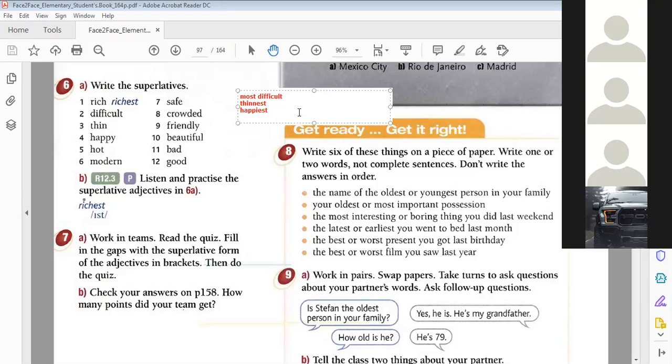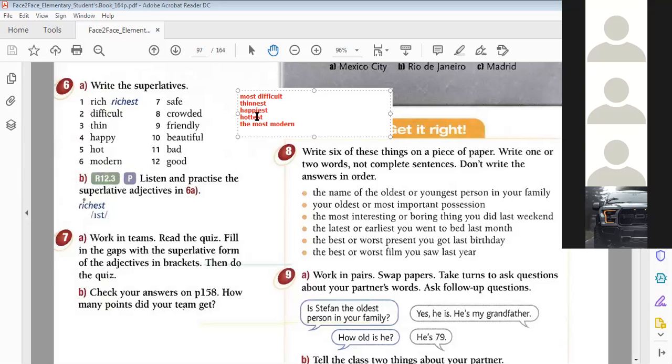What about number 5? Hannah, what do you think, Hannah, number 5? Okay, Rashid, what do you think? Number 5. What's the superlative of number 5? Hottest. Hottest, correct. What about number 6, Rashid? Most modern. Most modern. Do we say most or the most modern? The most. Correct. The most modern.